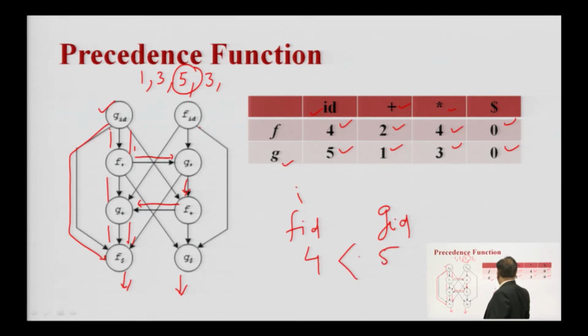That means G I D has higher precedence over F I D. So, it helps us find the missing precedence relation between two terminals. This is a very useful function which can be used to implement in computer programs also.